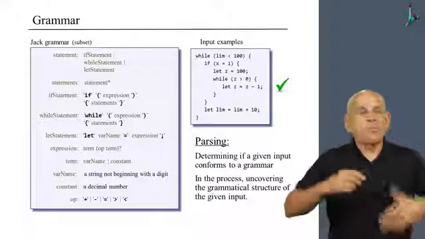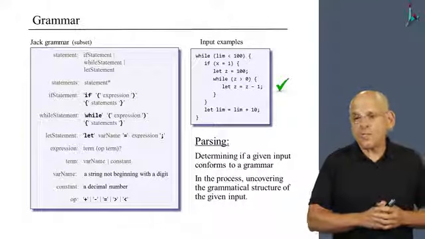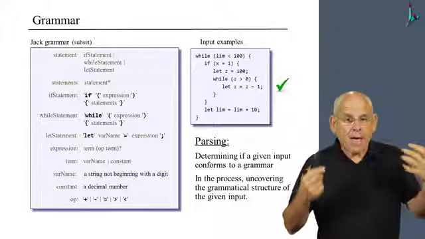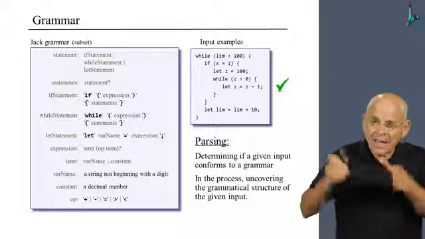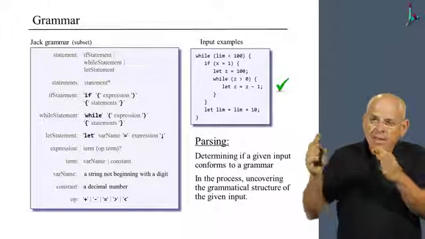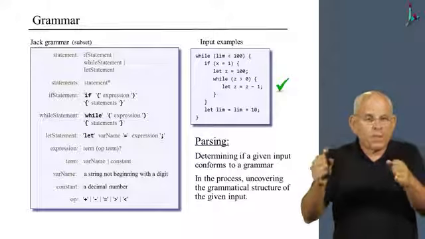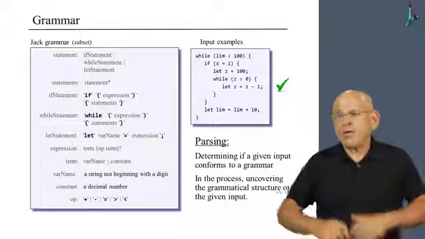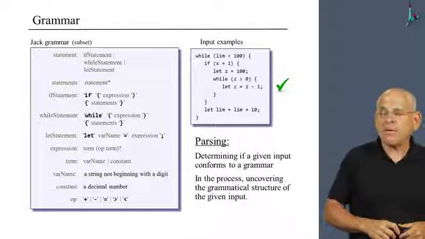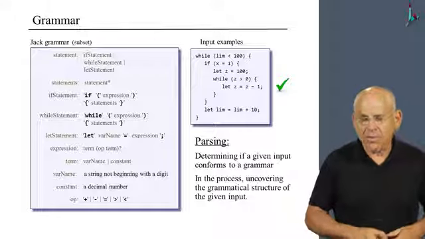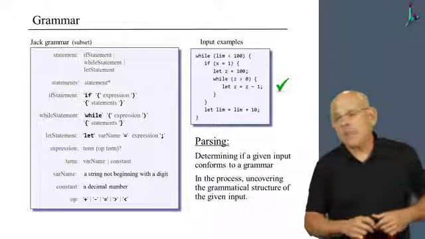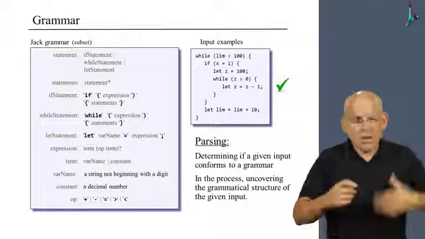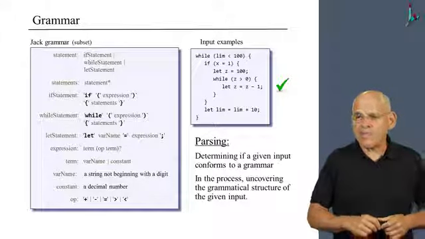And notice that in the process of doing this confirmation, I also uncover the entire grammatical structure of the given input, because I analyze how the input corresponds to the various components of the rule. And by doing so, I once again construct the underlying grammatical structure of the input. And by the way, that's exactly what our brain does in some mysterious way, which increasingly becomes more and more understandable.